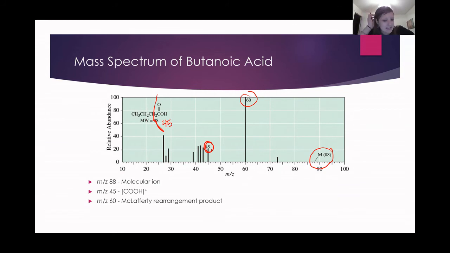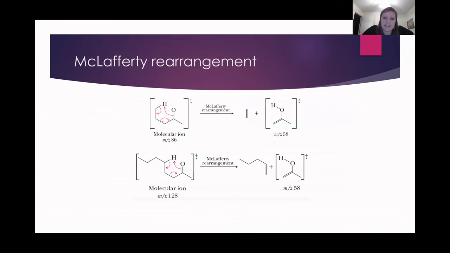My peak at 60 is a result of McLafferty rearrangement, which looks like this. McLafferty rearrangement occurs in molecules that have long enough chains to do this rearrangement process right here. So the oxygen in both cases goes and gets the hydrogen from a carbon that is 3 carbons away.